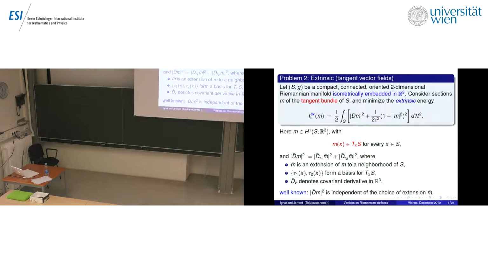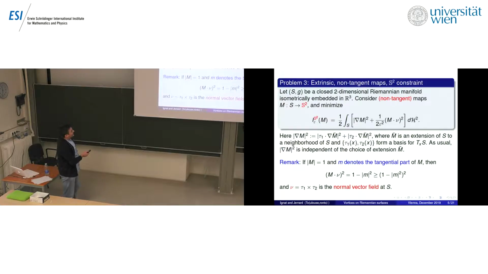Because since you are tangent, then m times nu is 0, so you can put the derivative on the other one, and you get this. Right? So this is the second fundamental form. Okay. So this is the second model.